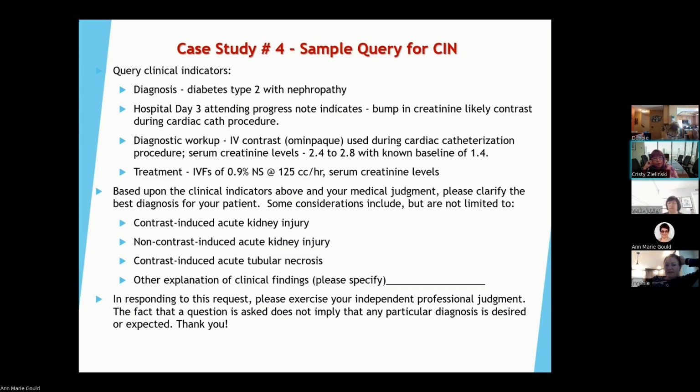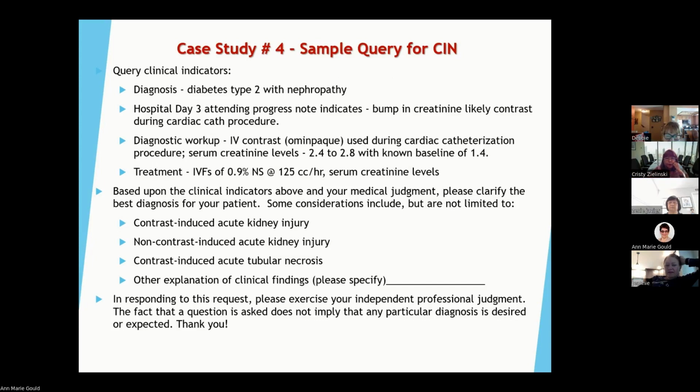Or you could also look at the urinalysis if there are muddy casts. With this one, just the IV contrast and the AKI would be appropriate. So delete the ATN.